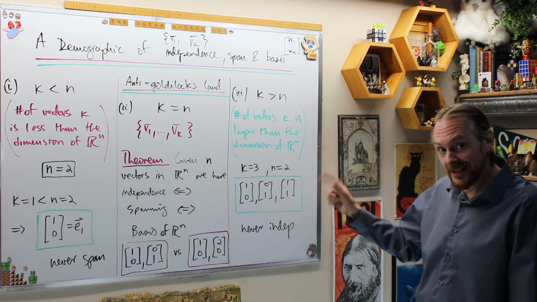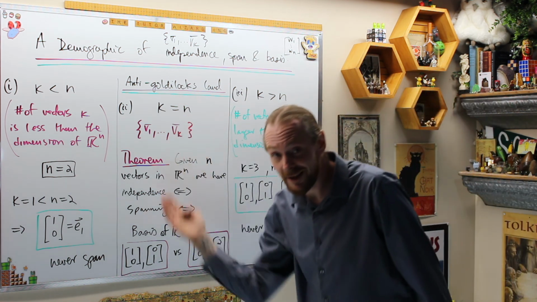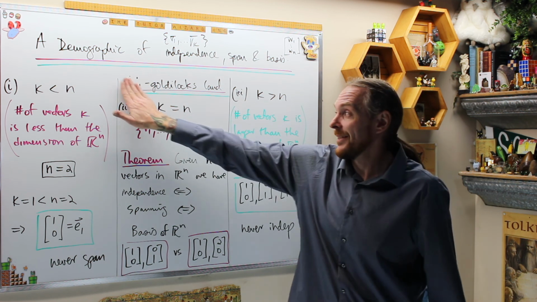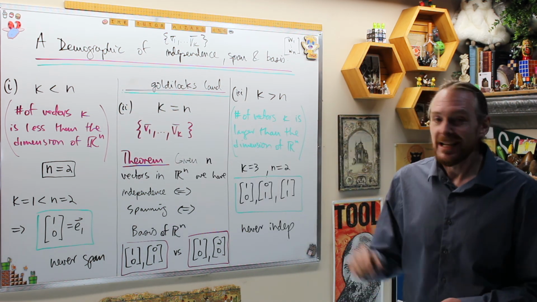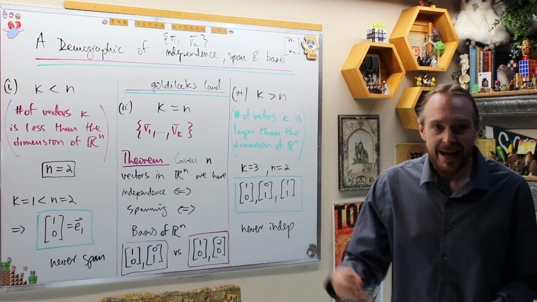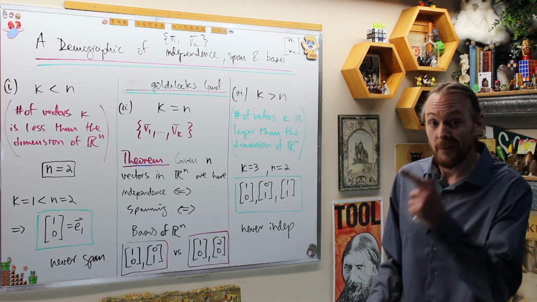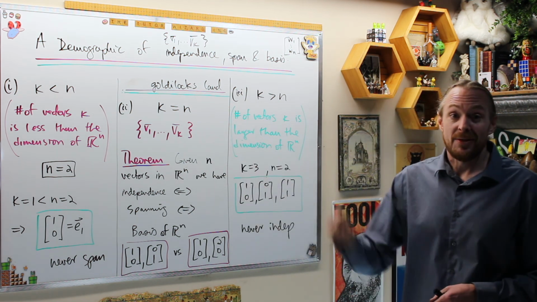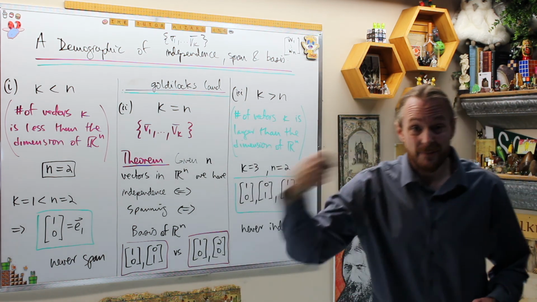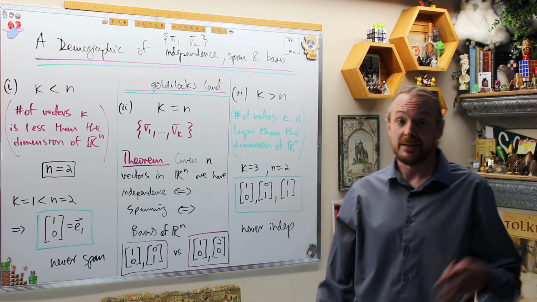So it's not the same condition, but in anti-Goldilocks land it is, or I don't even know if it is anti-Goldilocks land. I call it anti-Goldilocks land because not every 3 vectors is going to be a basis, but the only chance you ever have of hoping to have a basis is in the Goldilocks land where I have 3 vectors in 3 space, or 4 vectors in 4 space, or 10 vectors in 10 space, which is apparently what we're in.